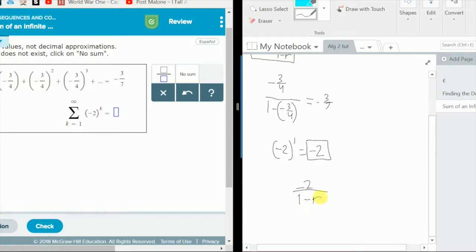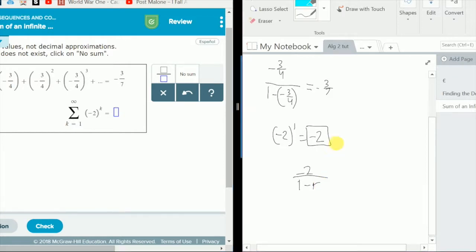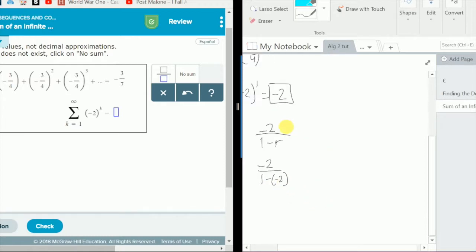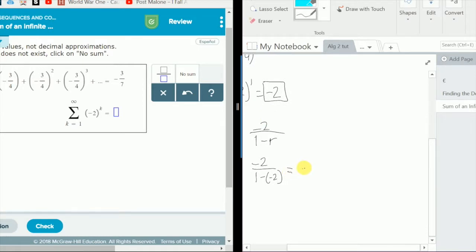Now r, like the top sequence, is the number in the parentheses, which is negative 2. So we get negative 2 over 1 plus 2, which is 3. And this is our answer.